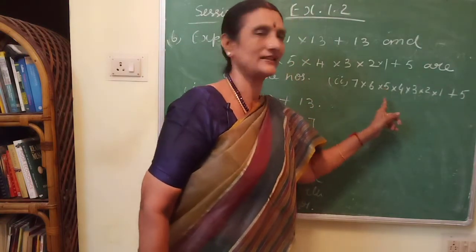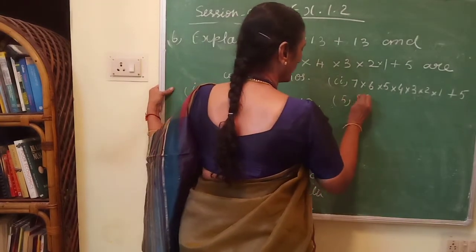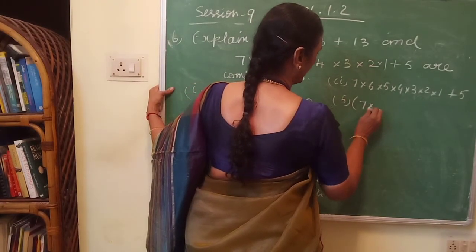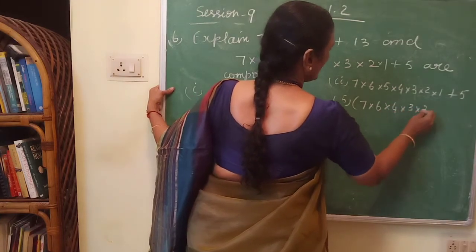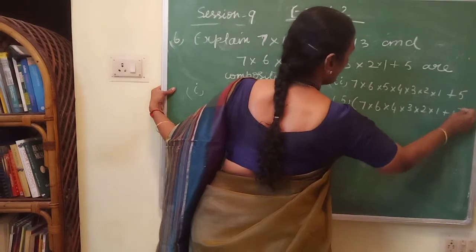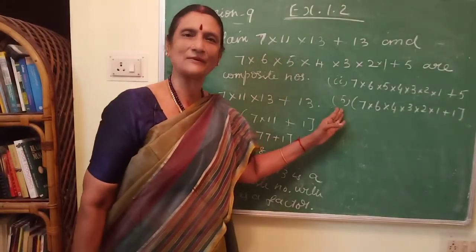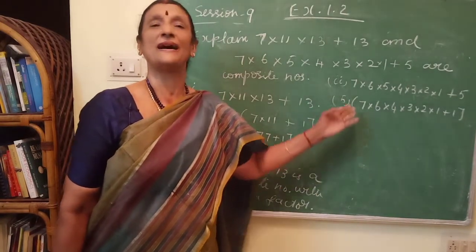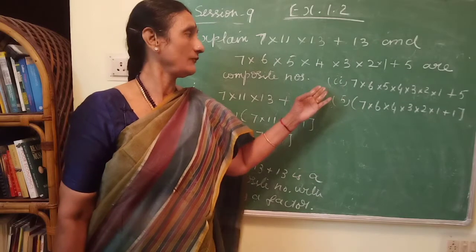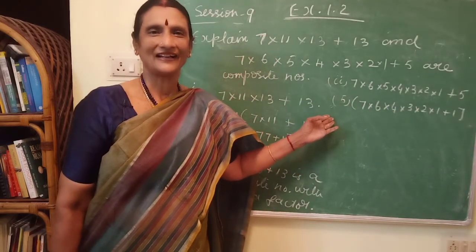So 5 is a common factor. So I am taking that 5 out. If you exclude that 5, the first term becomes 7 into 6 into 4 into 3 into 2 into 1 plus 1. That means you are writing this as a product with 5, or a multiple of 5, so for the big number 5 is a factor, correct?